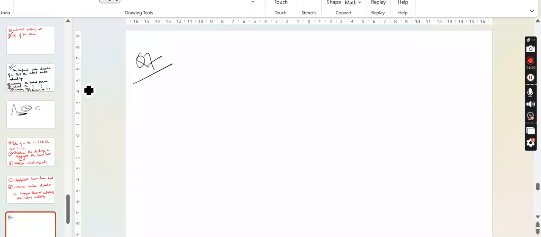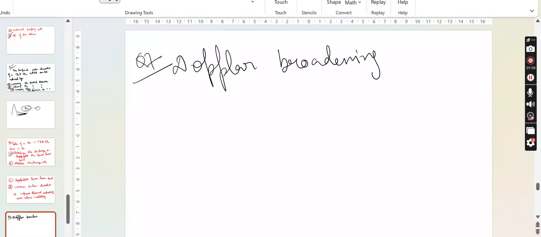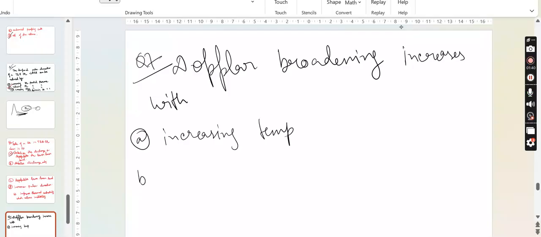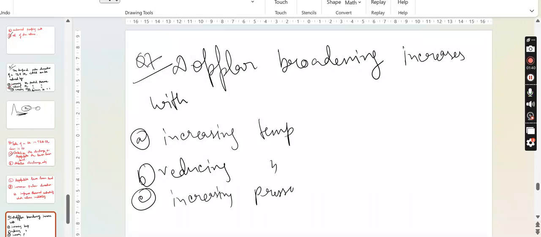Question 7. Doppler broadening increases with: A, increasing temperature; B, reducing temperature; C, increasing pressure; D, reducing pressure.